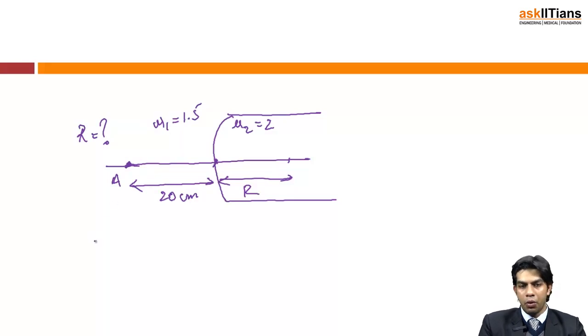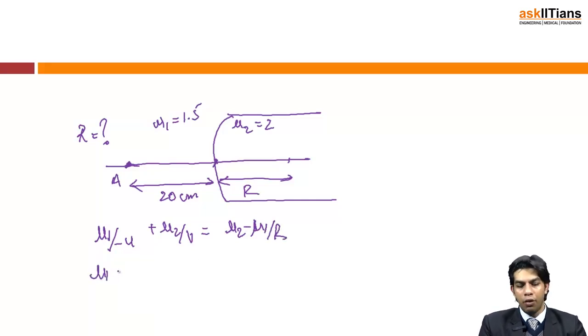So I will use this expression: mu1 by minus u plus mu2 by v is equal to mu2 minus mu1 by r. I have the value of mu1, so I will substitute it over here. Minus u is plus 20, because u I will take to be minus 20, so it becomes plus 20, and v is minus 20, so it's plus mu2 divided by minus 20.